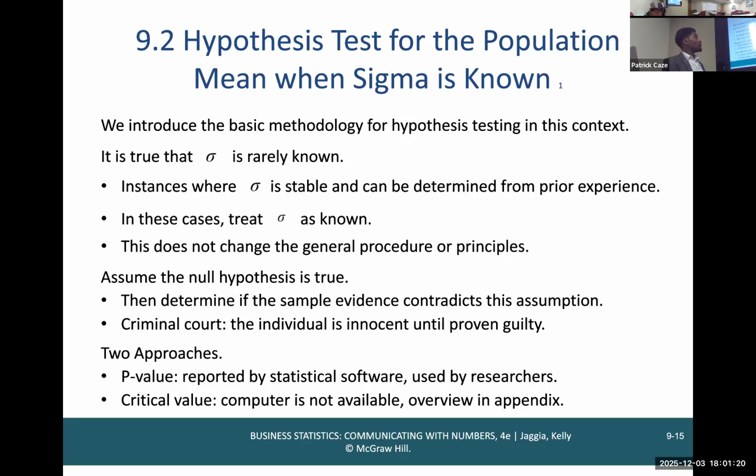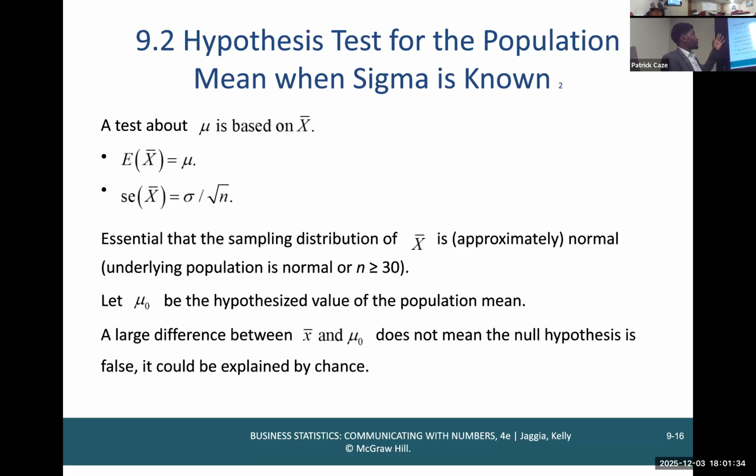If you know what this sigma is, or have an idea what it is, you will do the hypothesis testing using the p-value or the critical value. This goes back to our z-test. A test about the mean is based on the sample mean, okay?